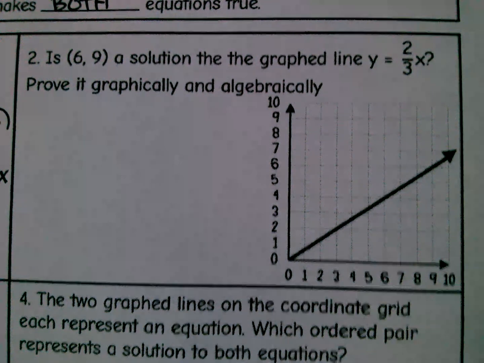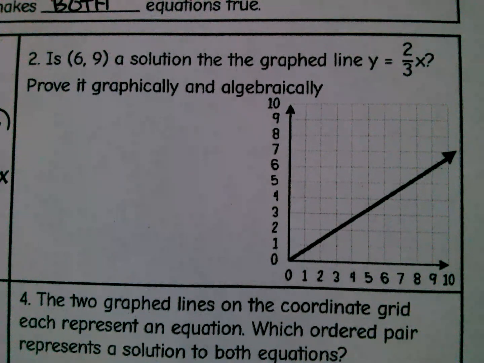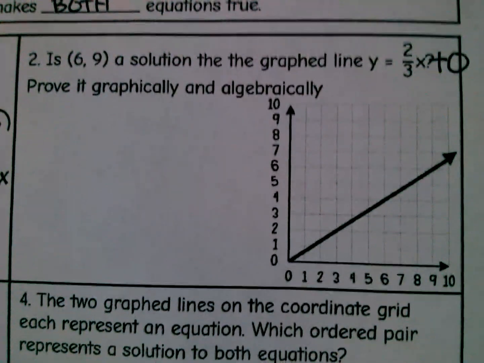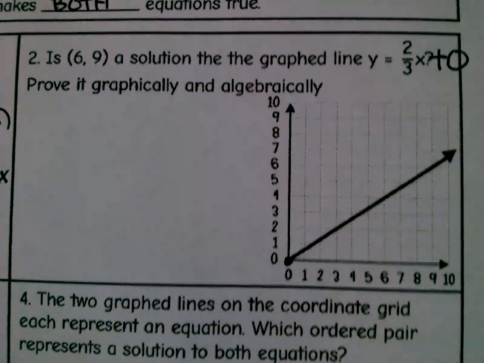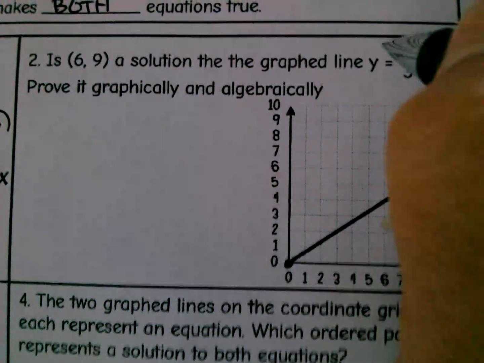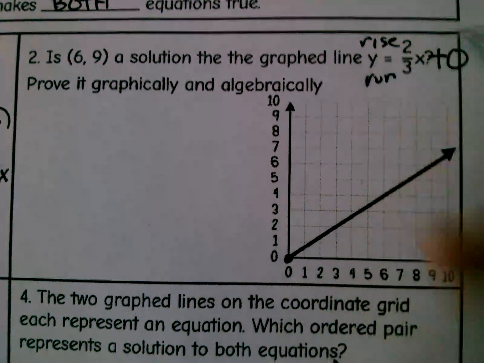So here we go. Who's your y-intercept in this equation, guys? 0. Very good. So I'm going to just make a little note to myself that it's a 0. So that's why you see that they started at 0. Now your slope is 2/3. Remember, the top number is your rise, the bottom number is your run.